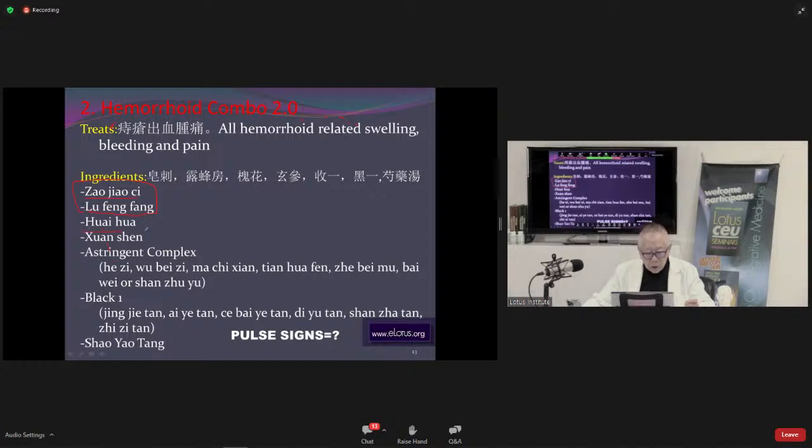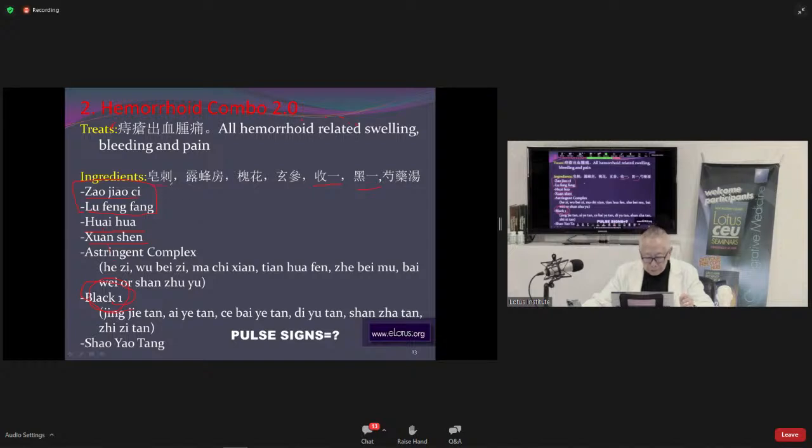And 槐花 is almost the same thing. 玄参 also. Why do I use this astringent? Because I want to strengthen the power to shrink the swollen tissues, the swollen colon. And the black one is for stopping the bleeding. So putting them all together is very effective.